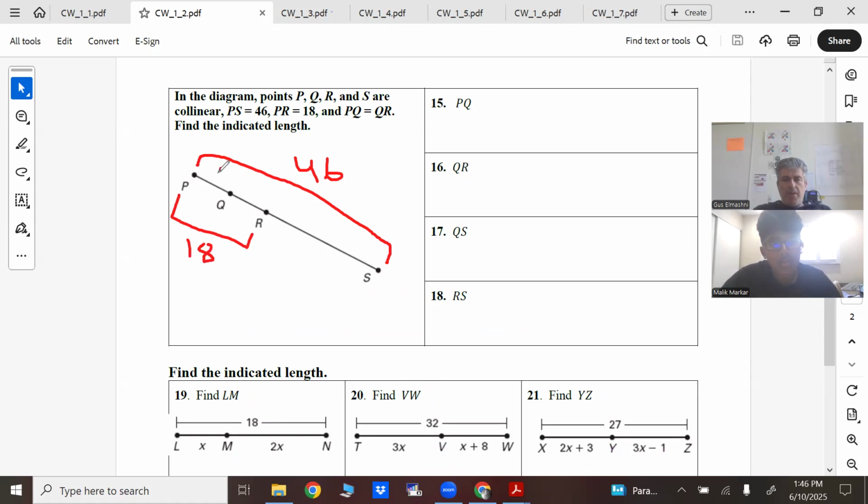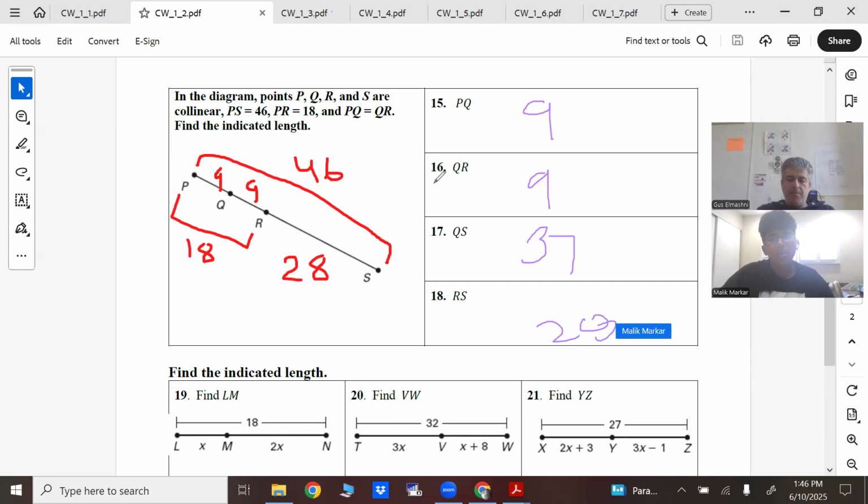PQ equals RS, so these are each 9 then. Then this would be 28. QS would be 38, because once we dissect this we can answer all these questions pretty easily, right?